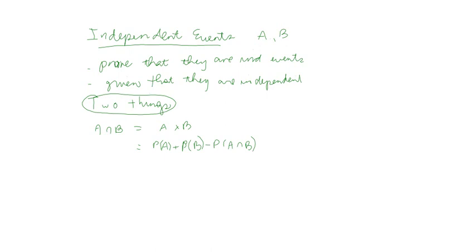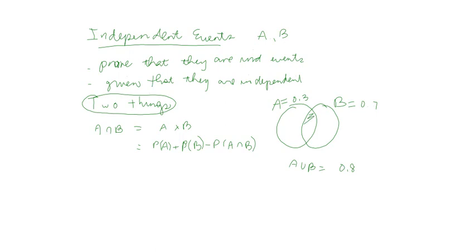So let's take this example. We have here P(A) and P(B). Let's say this is 0.3 and this is 0.7, and it's given that A union B is equal to, let's say, 0.8.